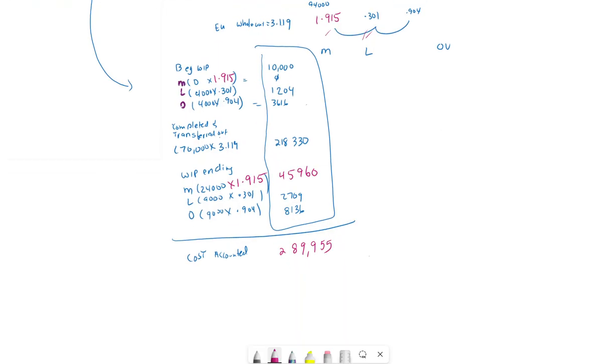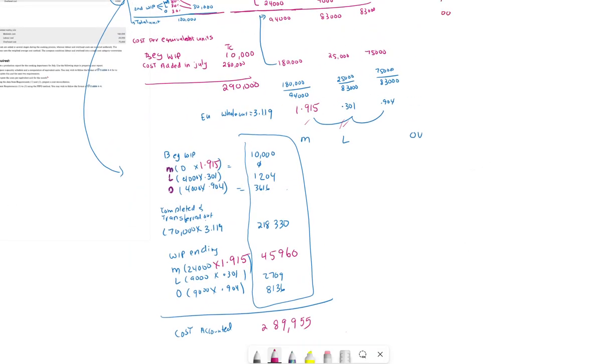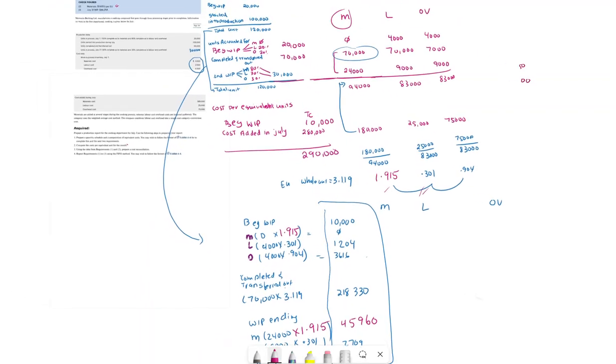If I were 289, it's a rounding. So in this case, it is a rounding. I think we are good with what we just did. This is the cost reconciliation we did for FIFO.